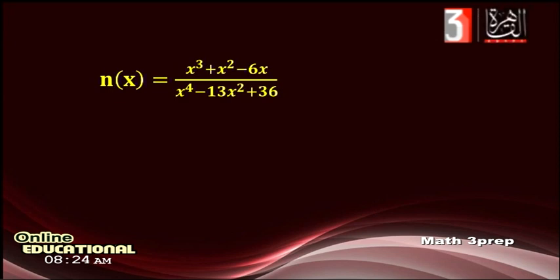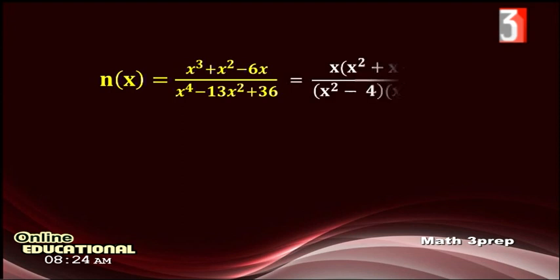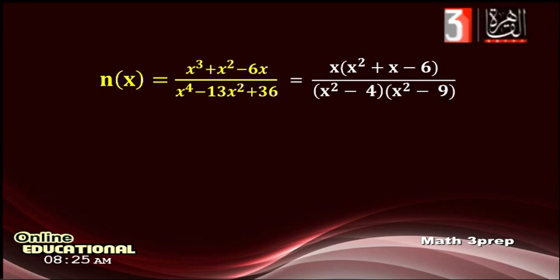When you look carefully at the numerator, you are going to notice that you can take x as a common factor. So it will be x brackets by dividing, of course, x power 3 divided by x gives x power 2, plus x power 2 divided by x gives x, then minus 6x divided by x equals 6.